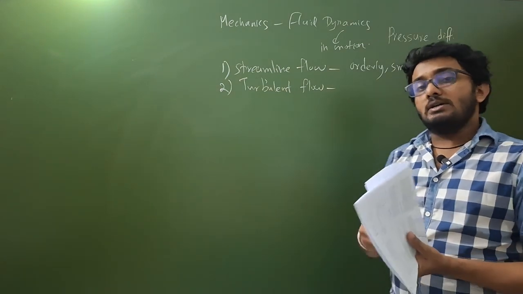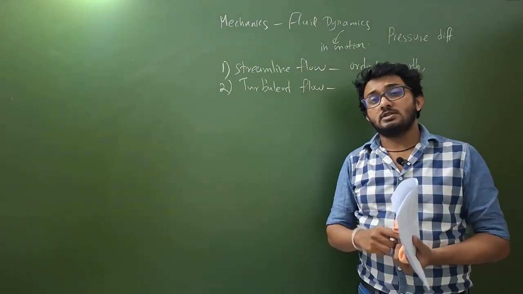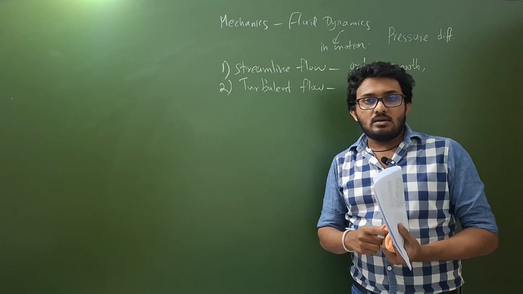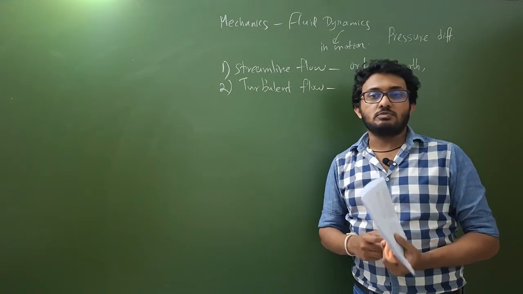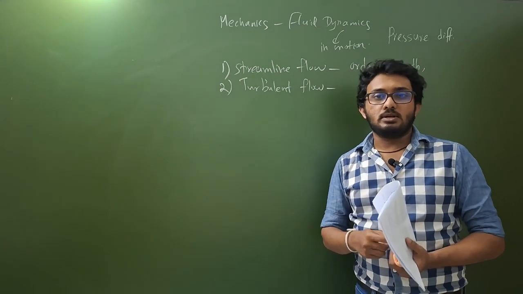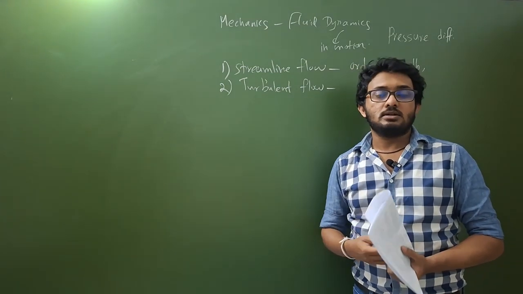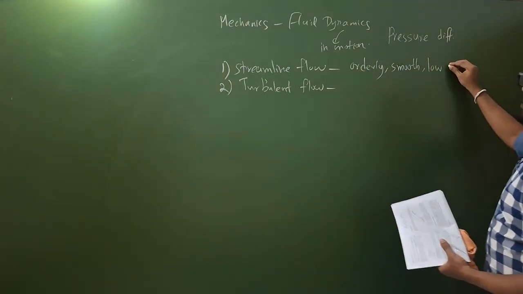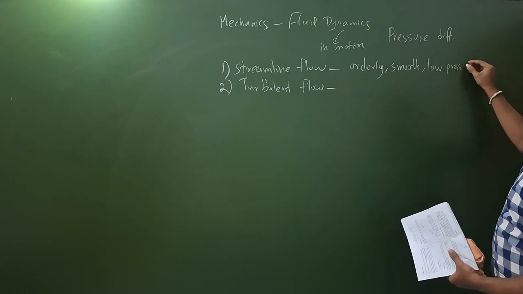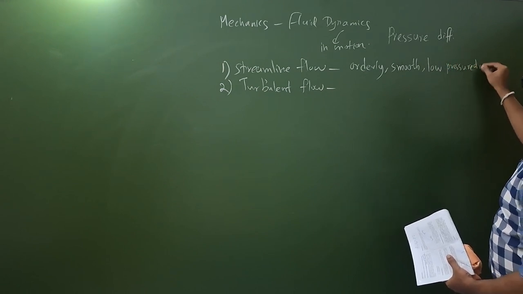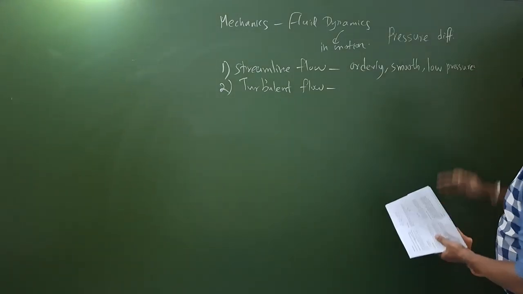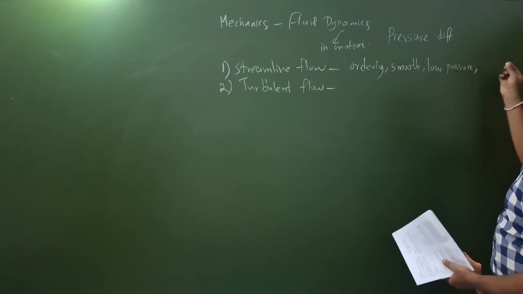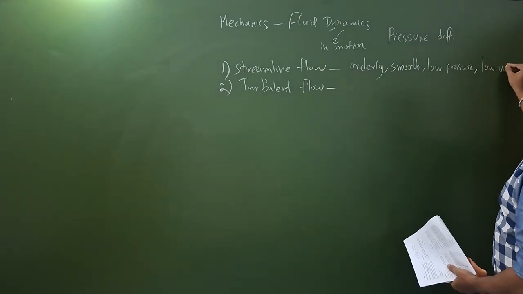For a smooth flow to occur, should there be a high pressure difference or a low pressure difference? Due to a high pressure difference, the flow can be kind of chaotic, right? It won't be smooth. So for a smooth flow, it should be a low pressure difference flow. Another characteristic is low pressure difference and also low velocity.